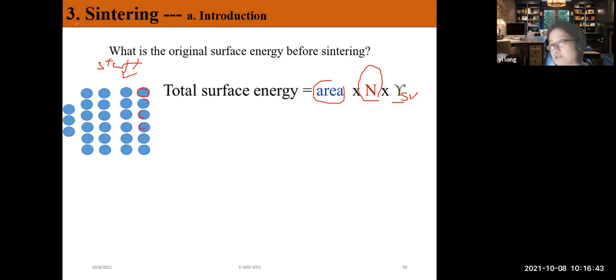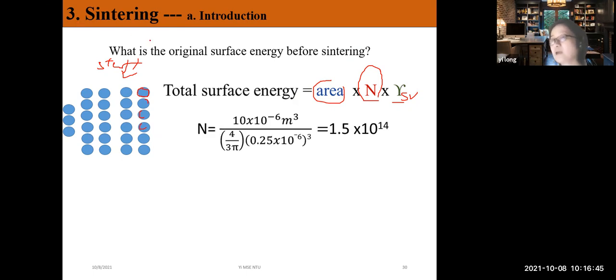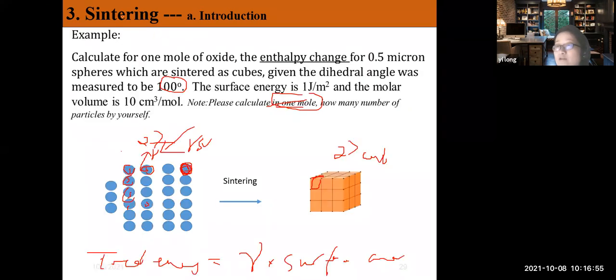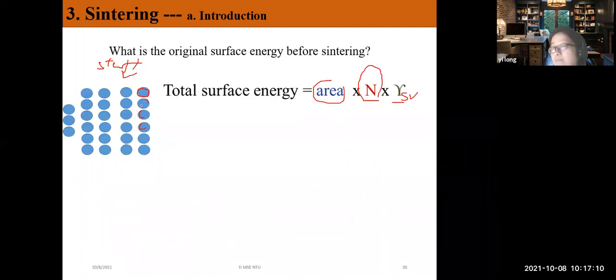So let's continue. First of all, how can we calculate n? How do we know how many particles there are in 1 mole? In this question, I have already given you the molar volume, so in 1 mole the total volume is 10 centimeter cubed. Then how can we calculate the number?